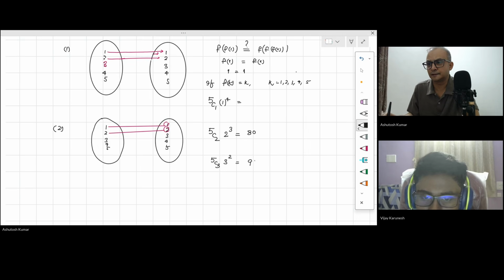There'll be 90, I think. And finally, 5C4 into 4 to the power of 1. There'll be 5 times 4, which is 20. And 5C5 into 1, so there is 1 actually.